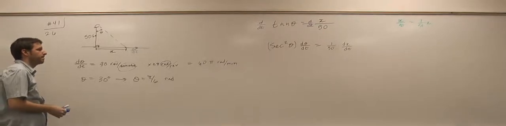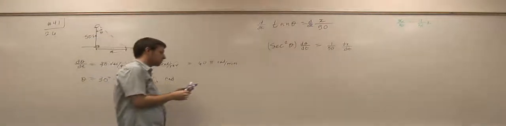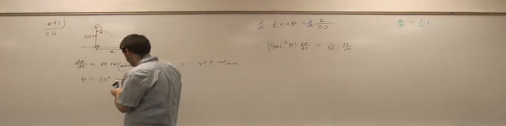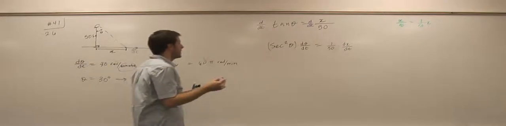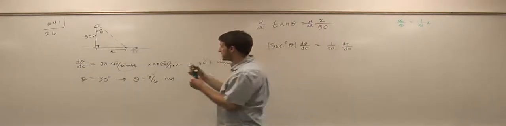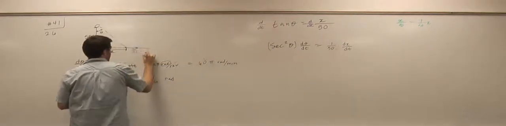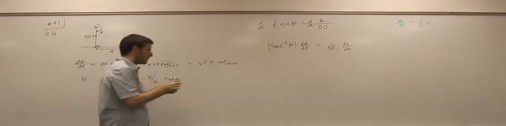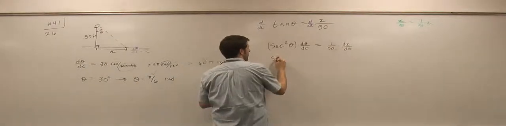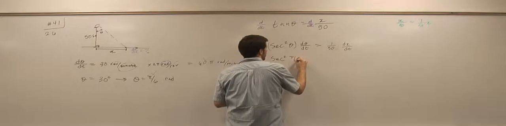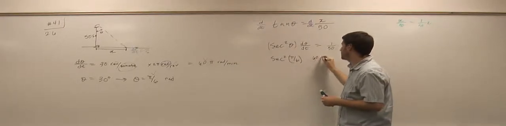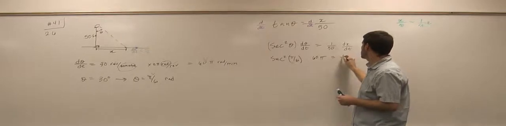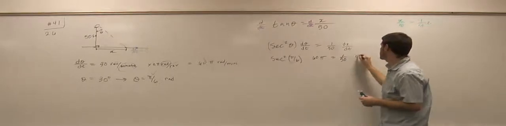Now plug things in. I know θ. I know dθ/dt. And I'm looking for dx/dt. So I'll put secant squared of π/6 times 60π equals 1/50th dx/dt.